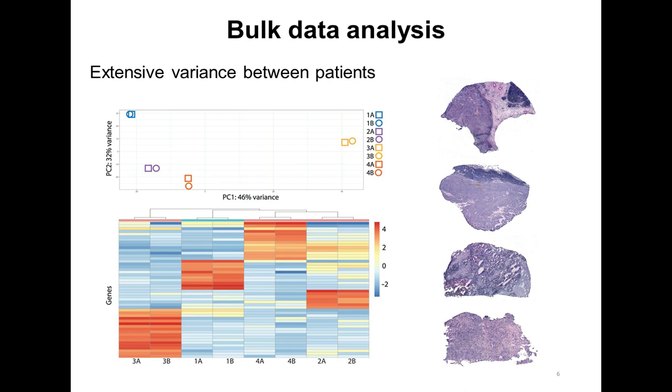Before exploring the spatial data, we merged the counts for each sample to mimic bulk data. A PCA then revealed a strong separation across patients, and we analyzed if ST could detect sub-areas with shared expression profiles.